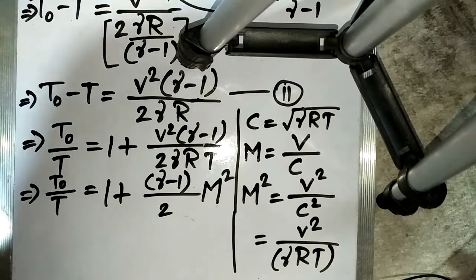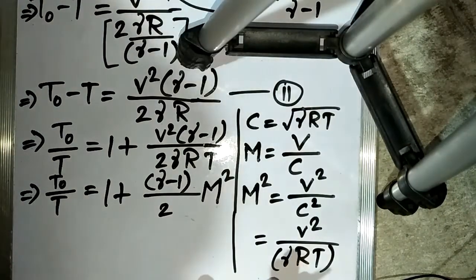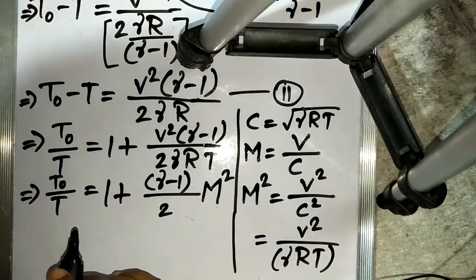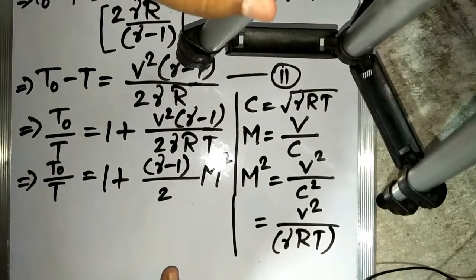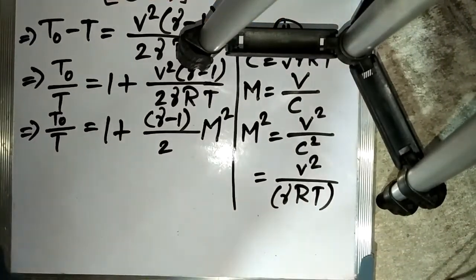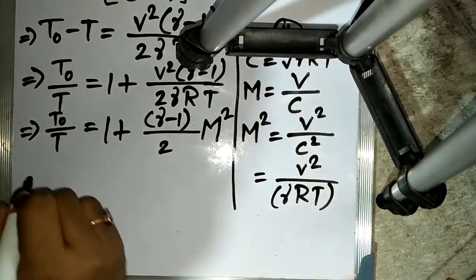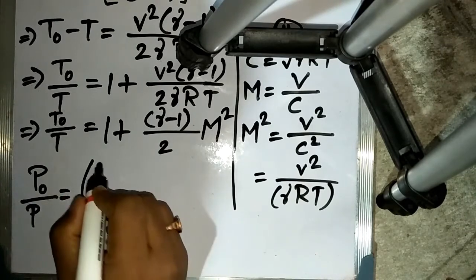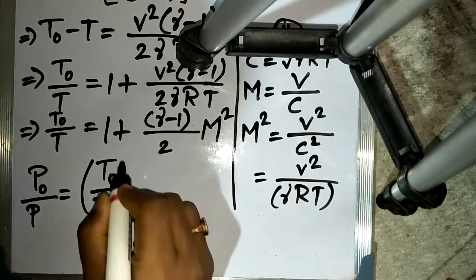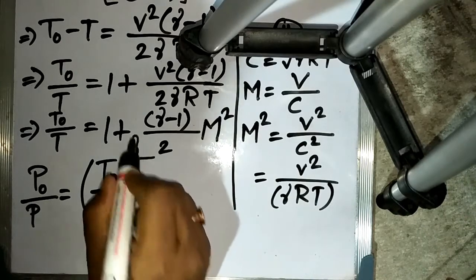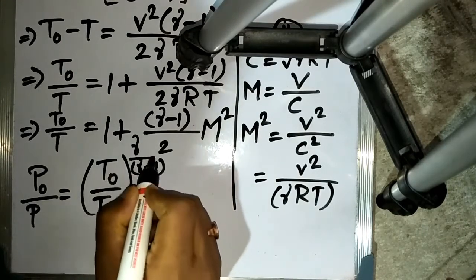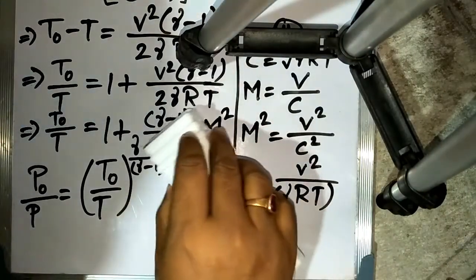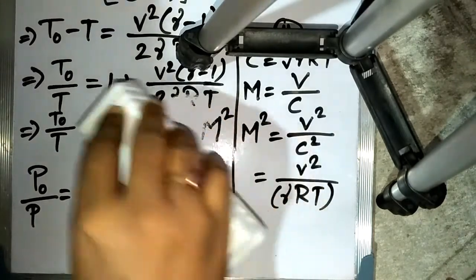And another thing, the relation between the stagnation pressure and static pressure. We know that P0 by P equals T0 by T to the power gamma by gamma minus 1. This is the relation between the static pressure and the stagnation pressure.